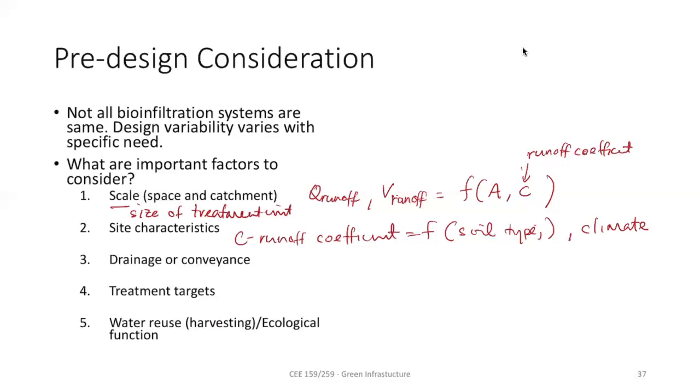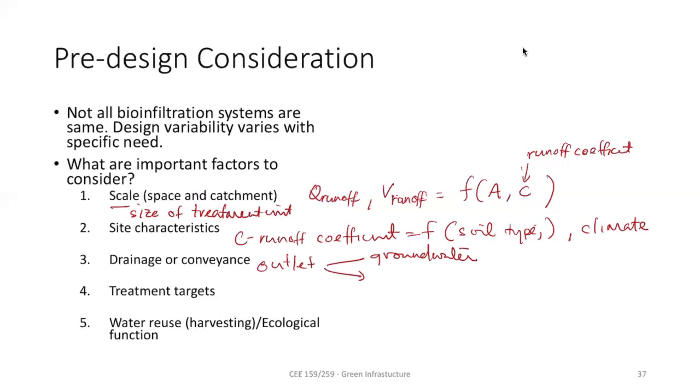Then the third one is drainage or conveyance, which means how quickly you want the water to be drained and where you are going to drain it. Is it going into groundwater, or is it going into storm drainage? So this is all about the outlet. The first option is natural infiltration into groundwater, which depends on the soil type.